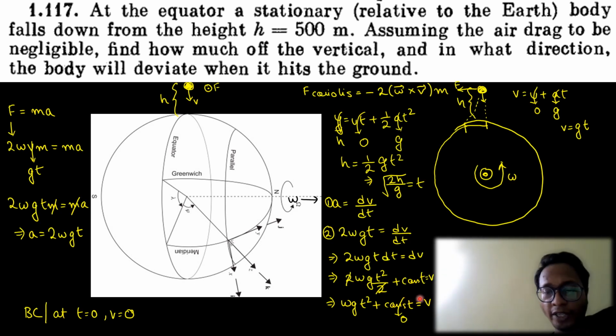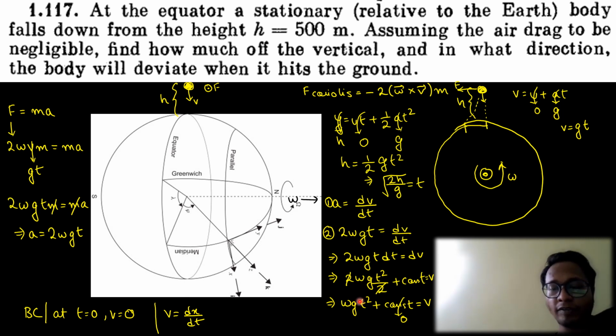Now that we have obtained the equation of velocity and the time taken to cover distance h, I can simply apply v is equal to dx by dt in this component.